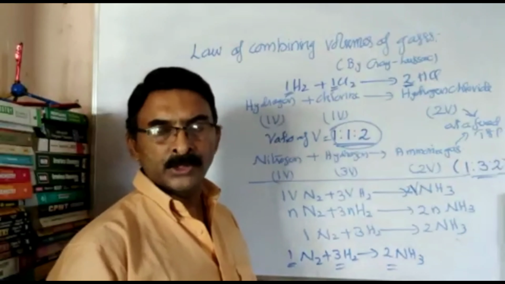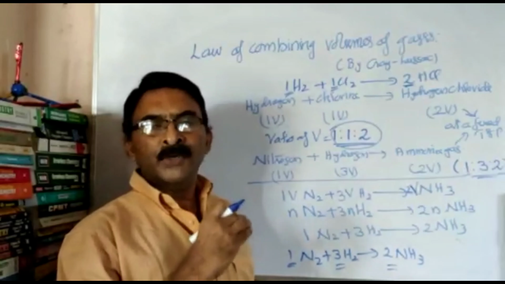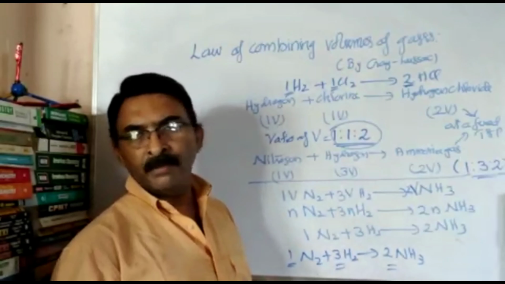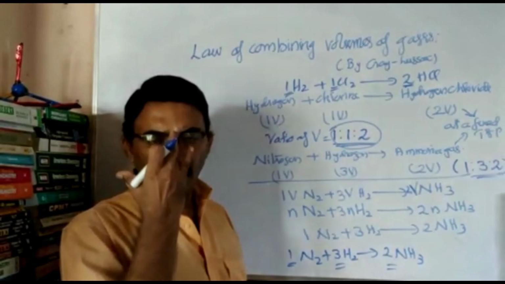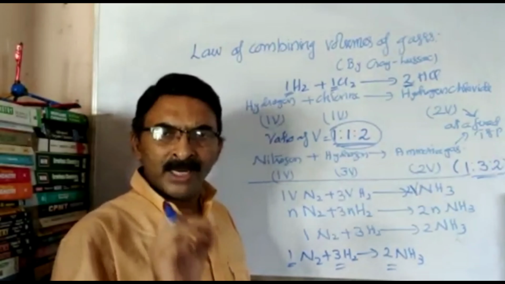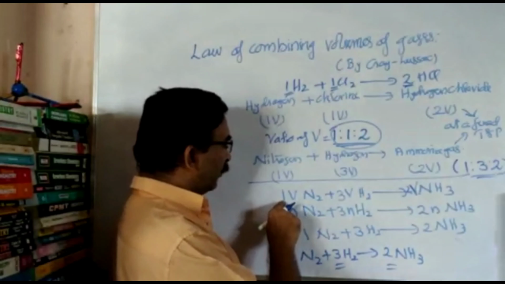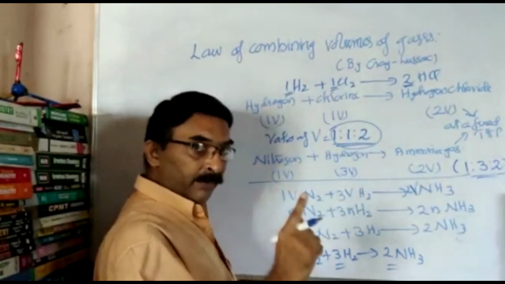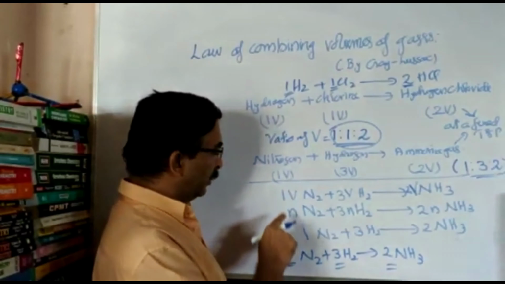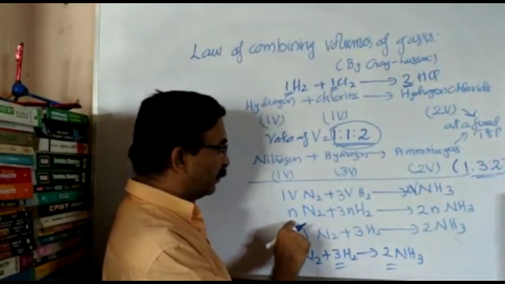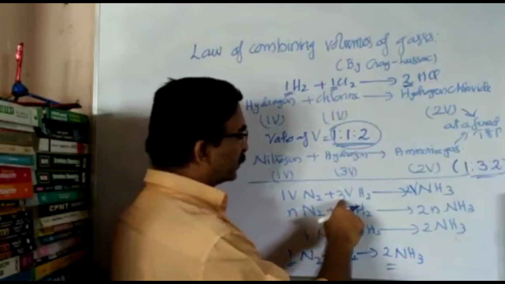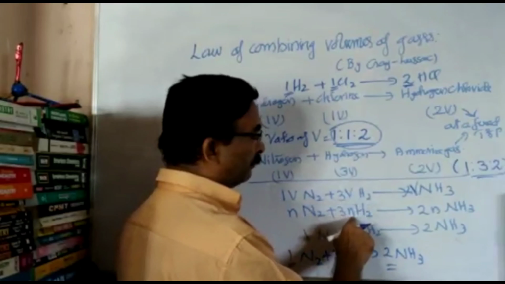As per Avogadro's law, equal volumes of all gases contain the same number of molecules. Suppose that number is small n. Suppose V contains n molecules. In the place of 1V, we can write n molecules. In the place of 3V, we can write 3n molecules.